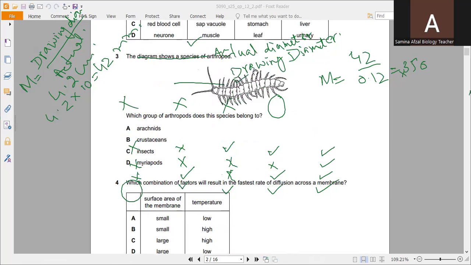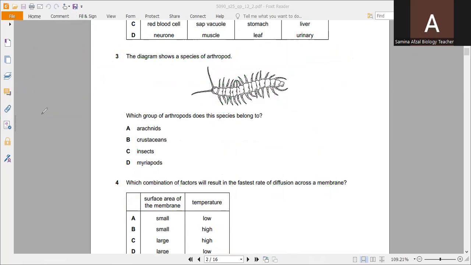The next question is: the diagram shows a species of arthropod. Which group of arthropod does this species belong to? You can see this arthropod has many legs. Insects don't have many legs.